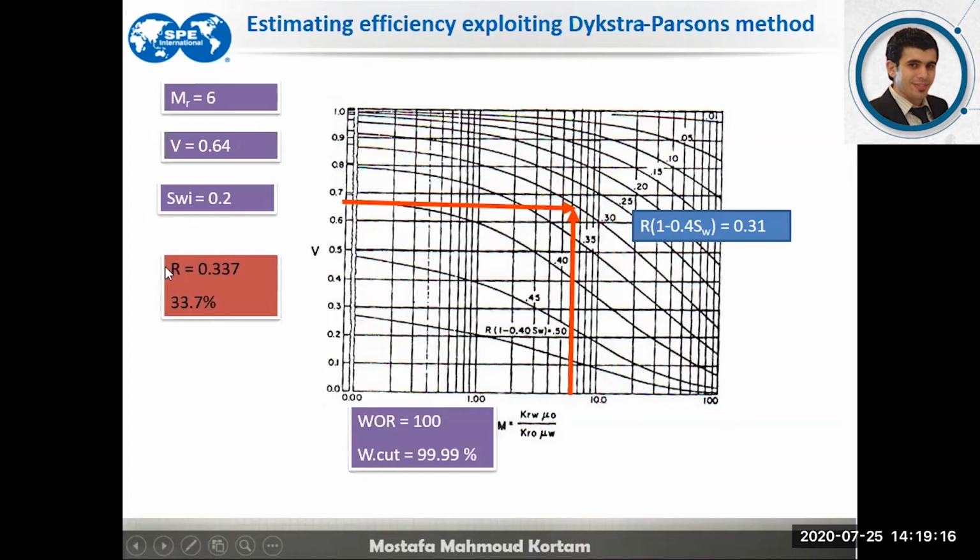This technique tells us that we will have only 33% at the end of the secondary recovery, reaching 99% water cut. So this still tells us that we have a huge amount of oil left behind, and that we should exert great effort to unlock this great potential.